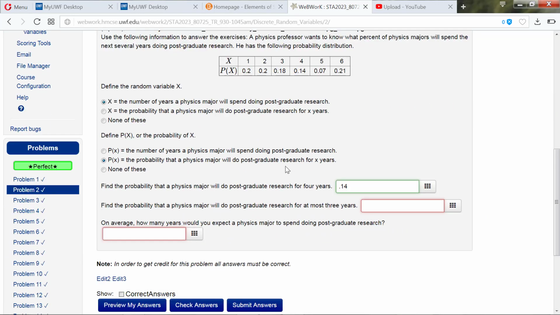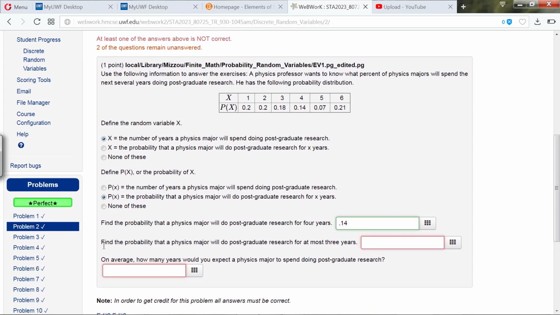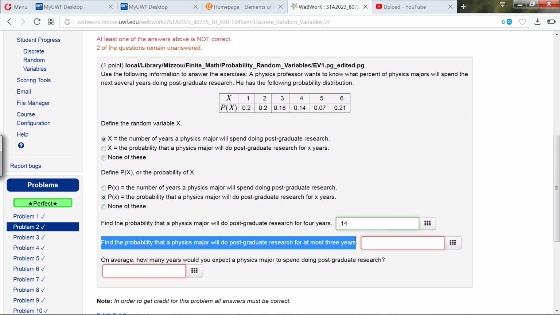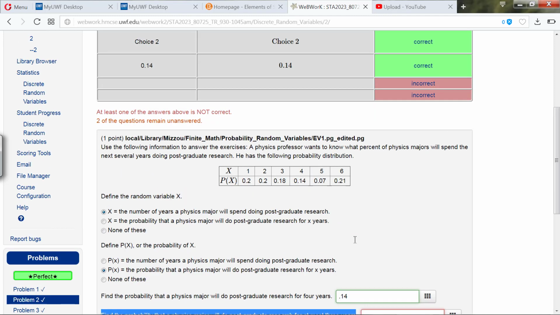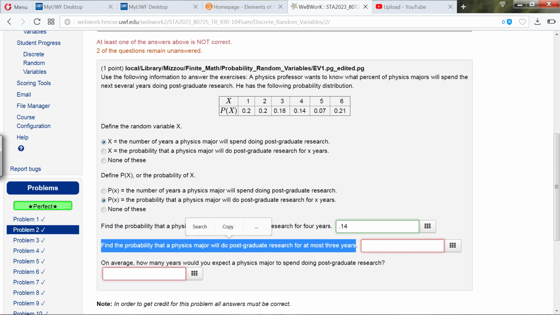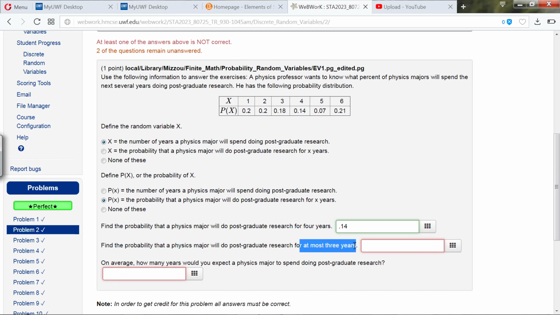Okay, so the next question says find the probability that a physics major will do postgraduate research for at most 3 years. So the phrase at most 3 years means it could equal 3. 3 is okay. At most, we cannot be greater than 3. So that means we're going to be looking at X equals 1 plus X equals 2 plus X equals 3.